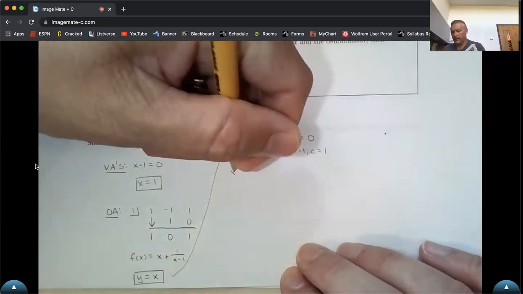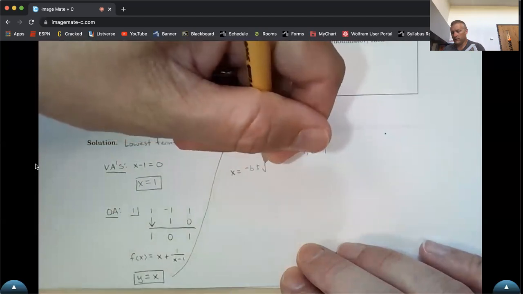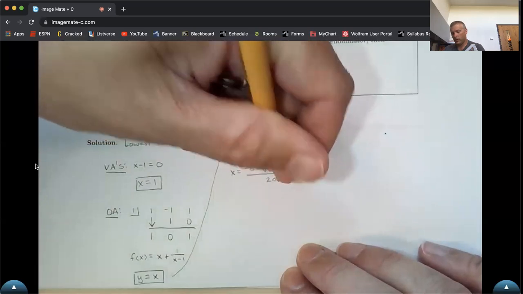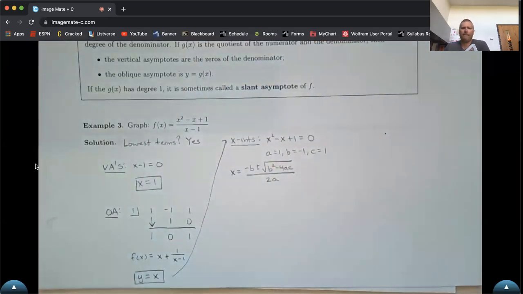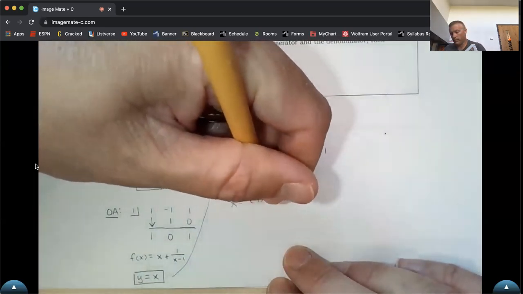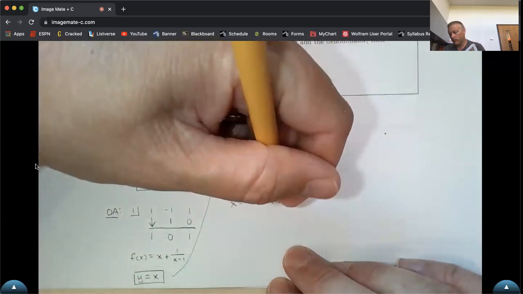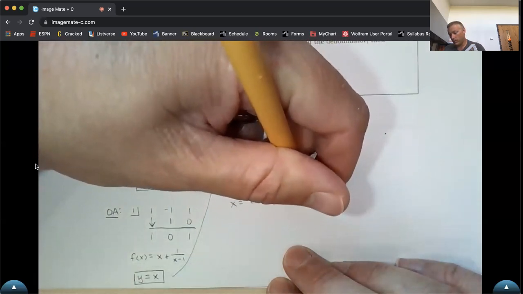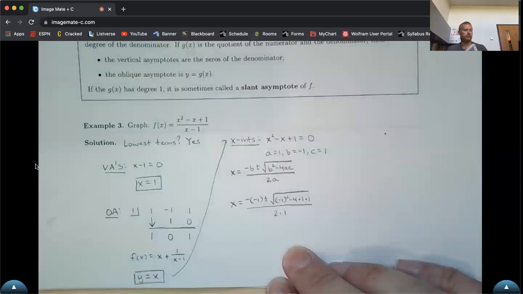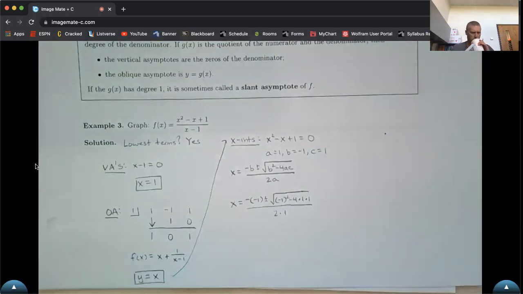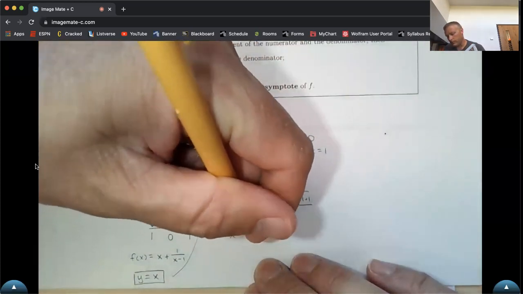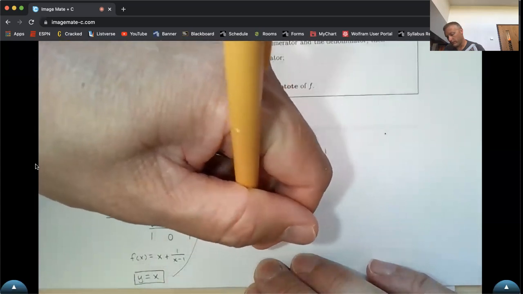So x is negative b plus or minus the square root of b squared minus 4ac all over 2a. That would be negative negative 1 plus or minus the square root of negative 1 squared minus 4 times 1 times 1, all over 2 times 1. So x is 1 plus or minus the square root of negative 3 all over 2.